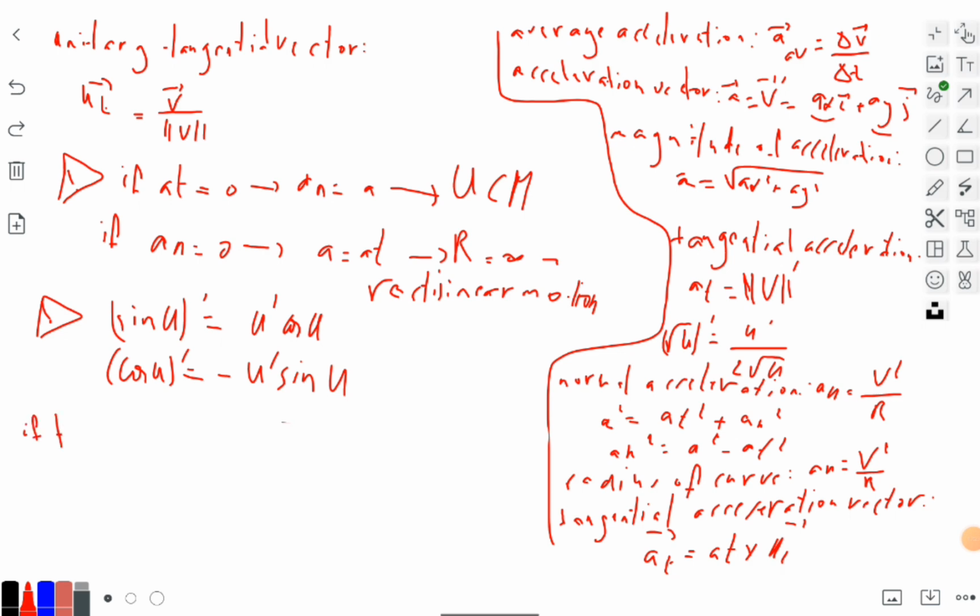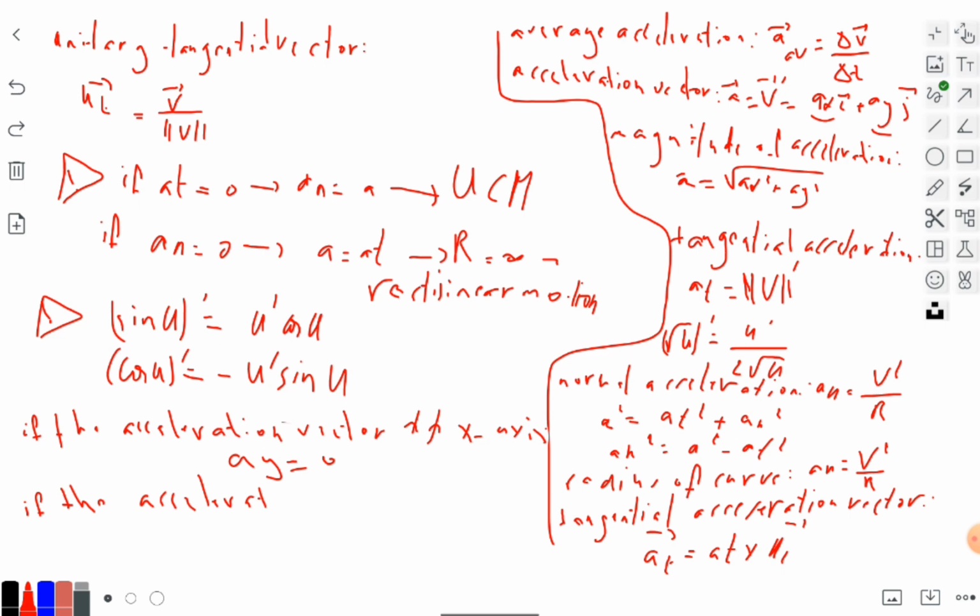If the acceleration vector is parallel to the x-axis, in this case ay equal to 0, and if the acceleration vector is parallel to the y-axis, in this case ax equal to 0.